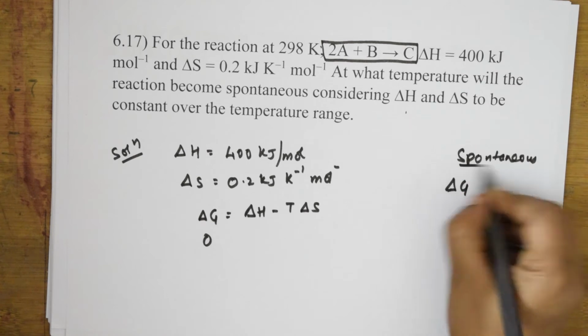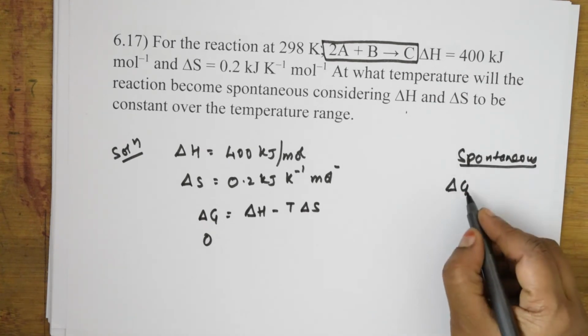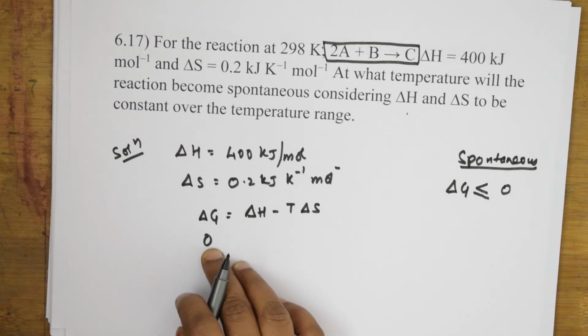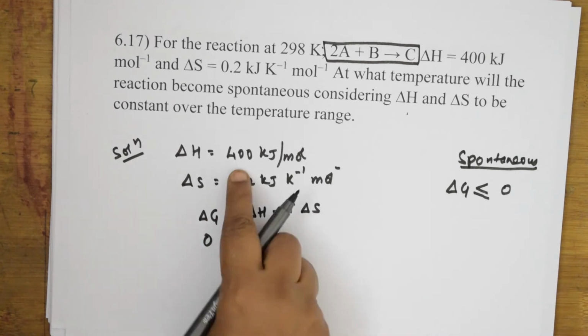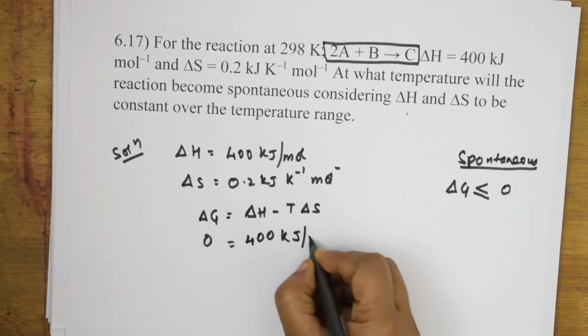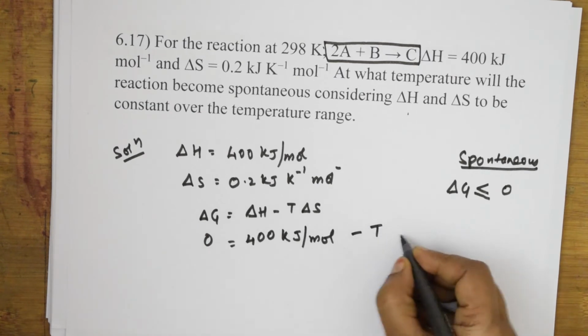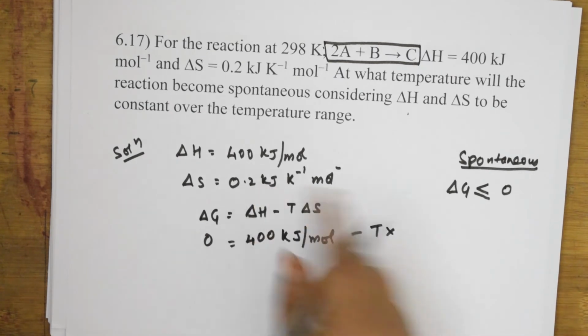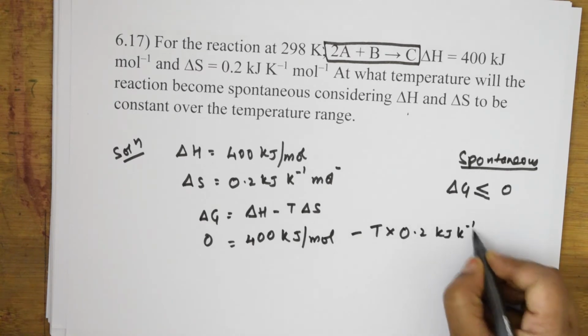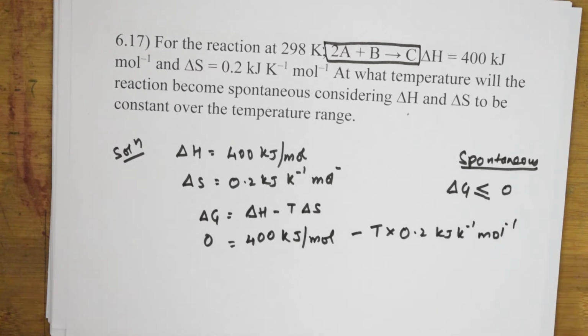So this becomes 0 now. How much is delta H given to us? It is given 400 kilojoules per mole. Minus T into how much is delta S value given? It is 0.2 kilojoules per mole Kelvin inverse.